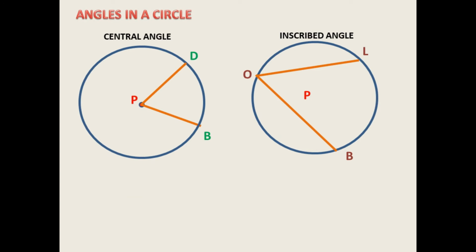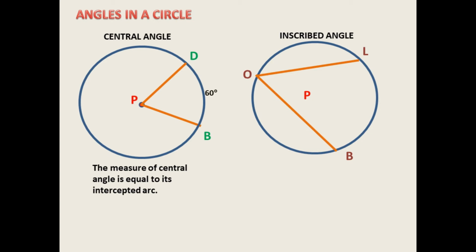So how to measure central angle and inscribed angle? The measure of a central angle is equal to its intercepted arc. Take note that the measure of a central angle is equal to its intercepted arc.